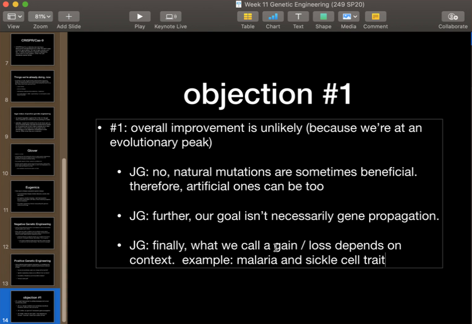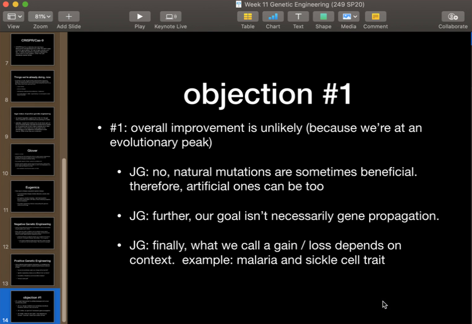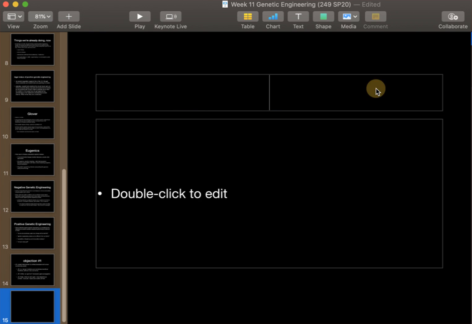So what counts as good or bad depends on the environment we're in. In an environment with a lot of malaria, sickle cell trait can be good. In an environment with no malaria, it is bad. Okay, so that's his response to objection number one. Okay, objection number two.